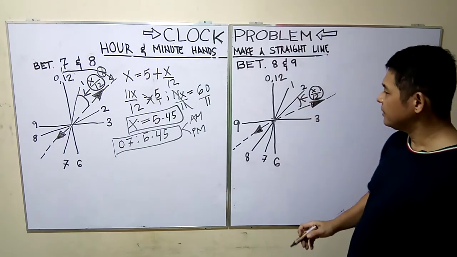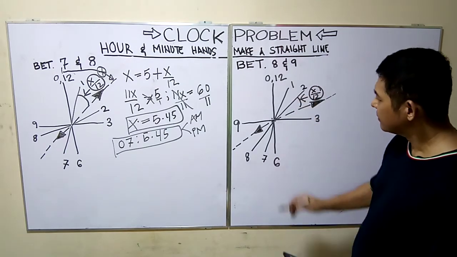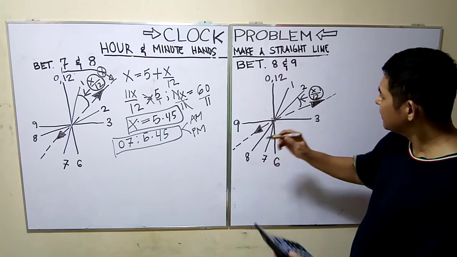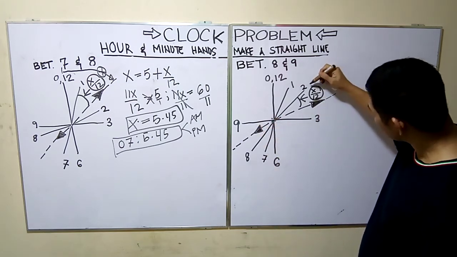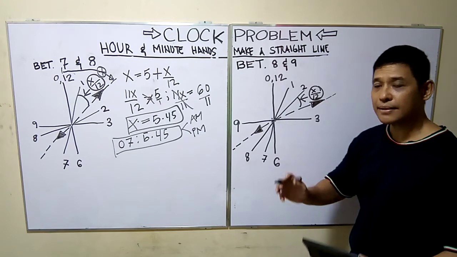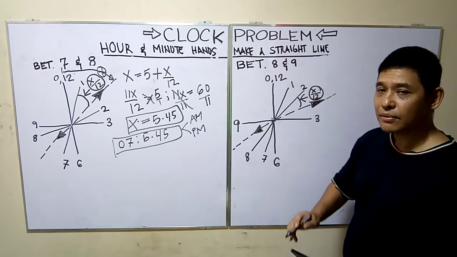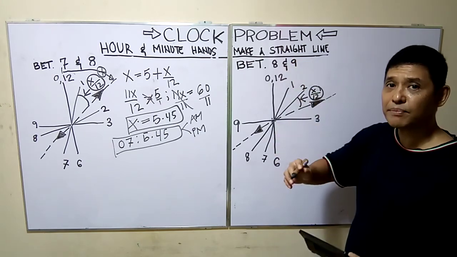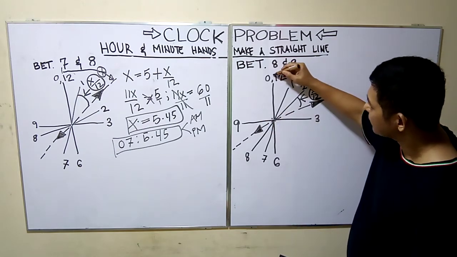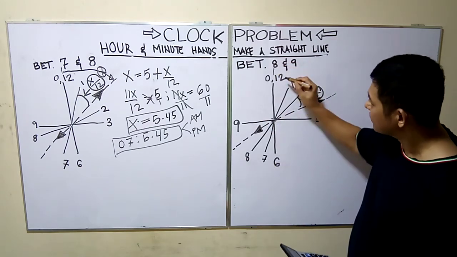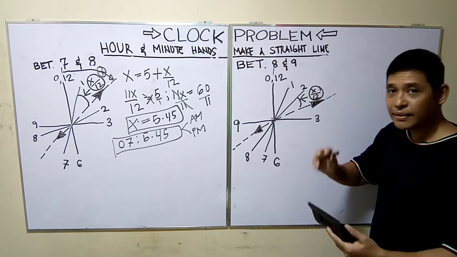Between 8 and 9, so yung hour hand nasa pagitan ng 8 and 9, and yung minute hand nasa pagitan ng 2 and 3. So, to get the value o yung X mismo o yung number of minutes ng buong clock, susukatin natin siya starting from the reference point 0 and 12 up to minute hand.